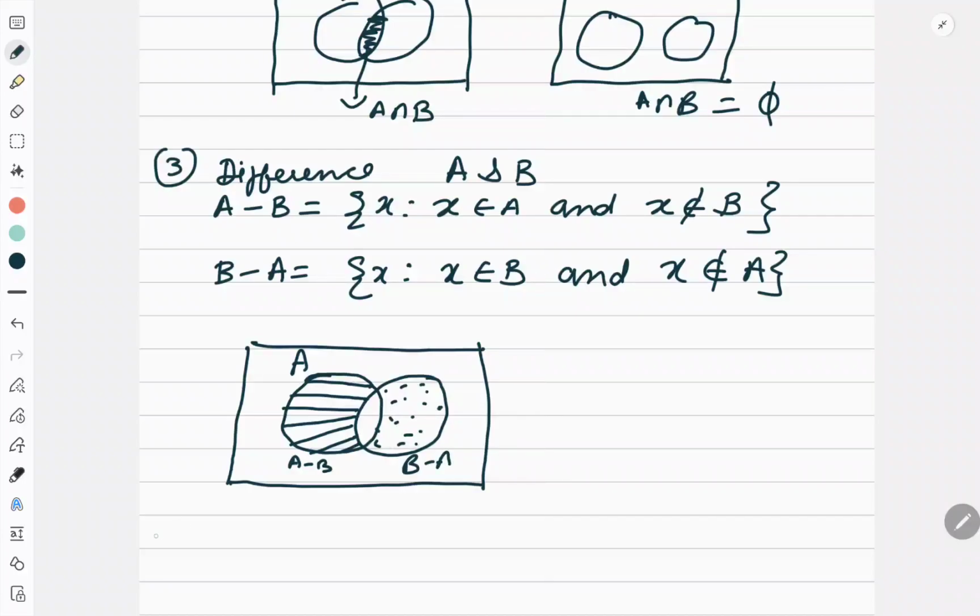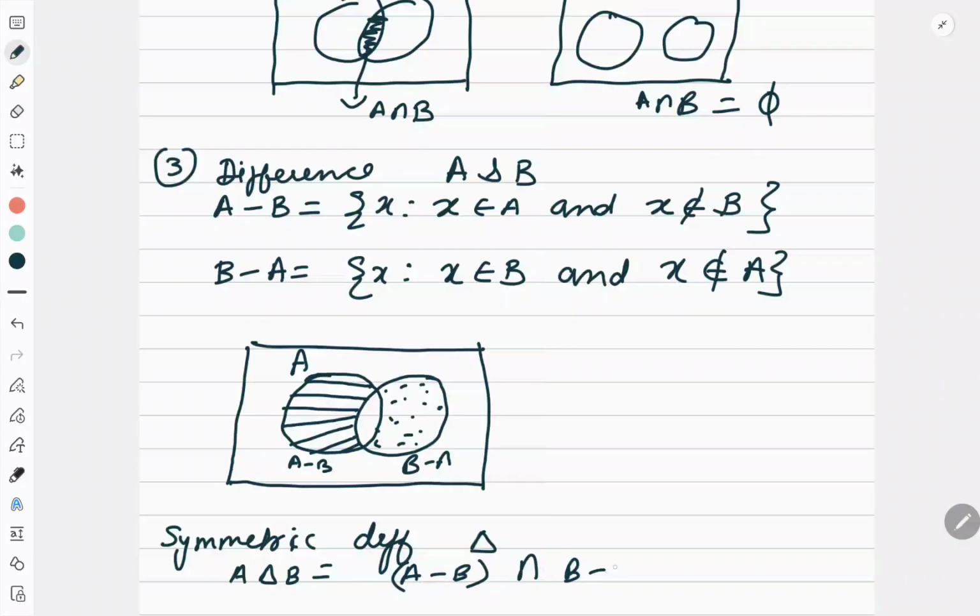Now here, there is one more thing called the symmetric difference, and it is represented by this. Now what exactly is a symmetric difference? So symmetric difference of A and B is equal to A minus B union B minus A. So now tell me what is the intersection of this and this?